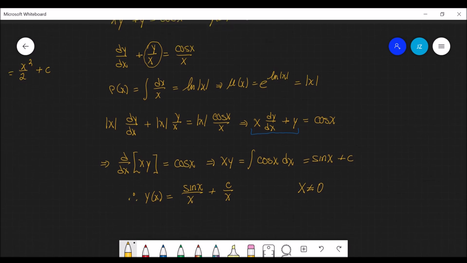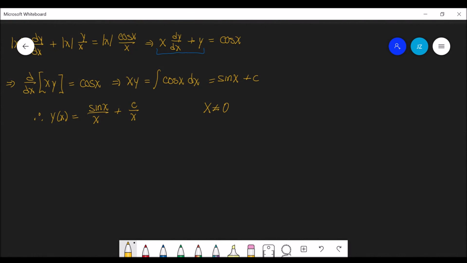We can now use the initial condition that y of 1 is 2. And we get that 2 must equal sine of 1 over 1 plus c over 1. Now, sine of 1 is simply sine of 1.